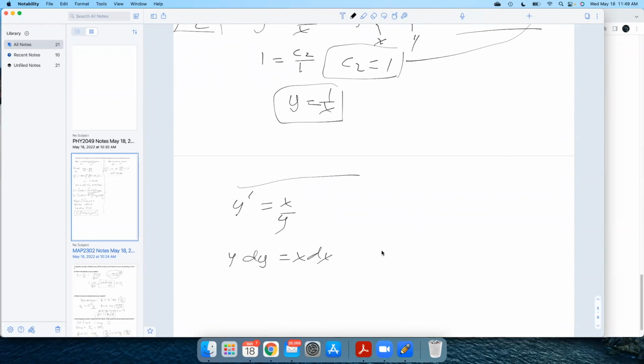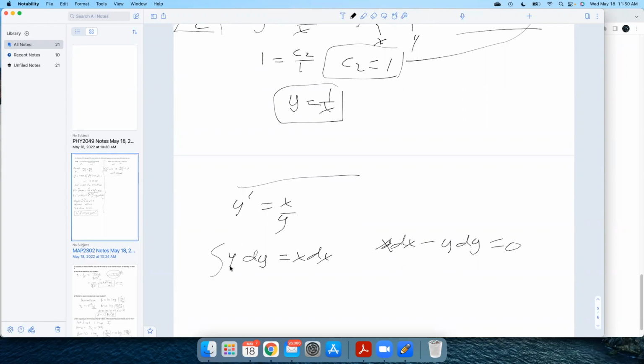Yeah, that's exact. Because if I put it in differential form, his partial with respect to y is 0. His partial with respect to x is 0. That's exact. That's separable. It's linear. It's all of them.